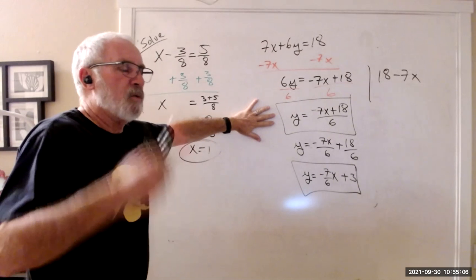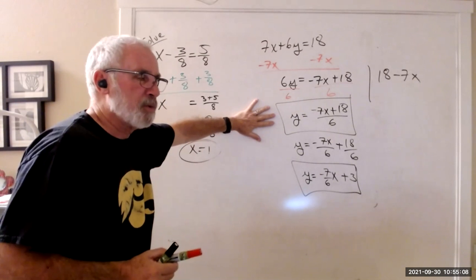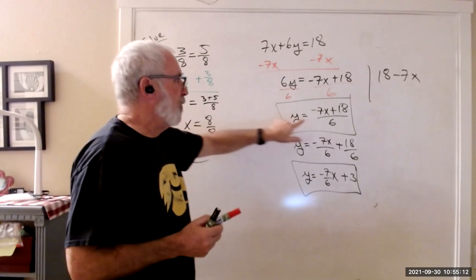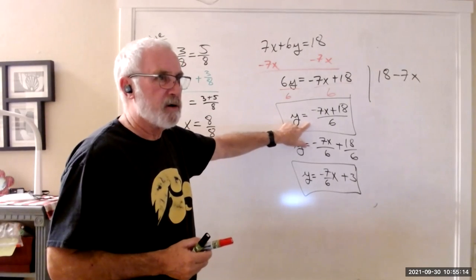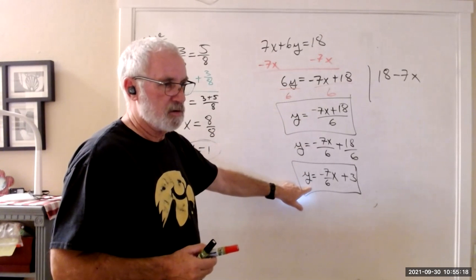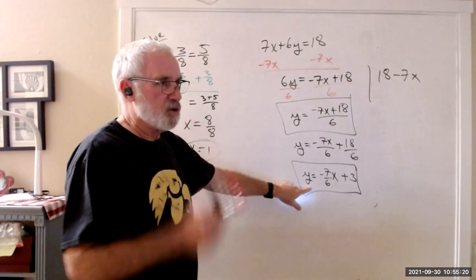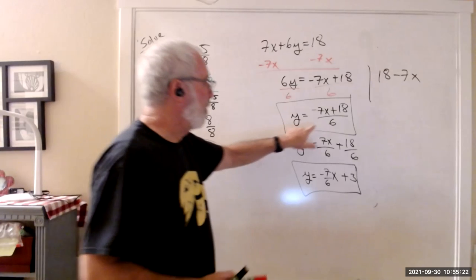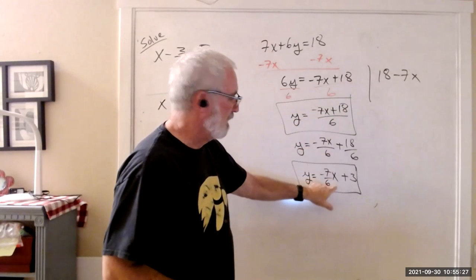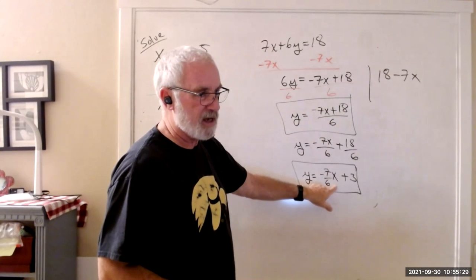Now, wait a minute. What if this was a multiple choice problem, and this answer wasn't there, but this answer was there? You have to be aware that you can divide 6 into the 7x and the 18, and it simplifies to that.